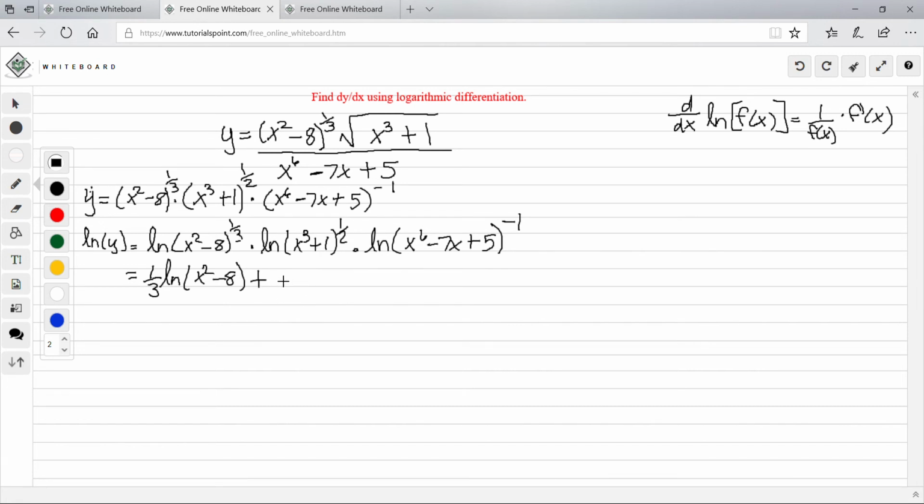So this should be 1/2 ln of x cubed plus 1 plus a -1. Don't forget the -1. Let's just call it -1.